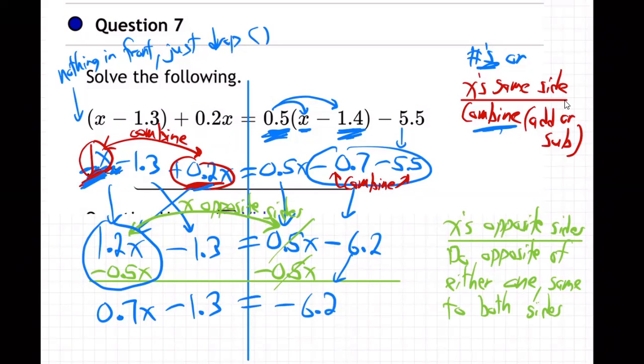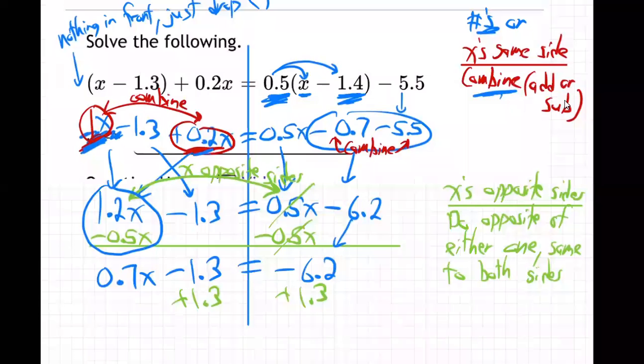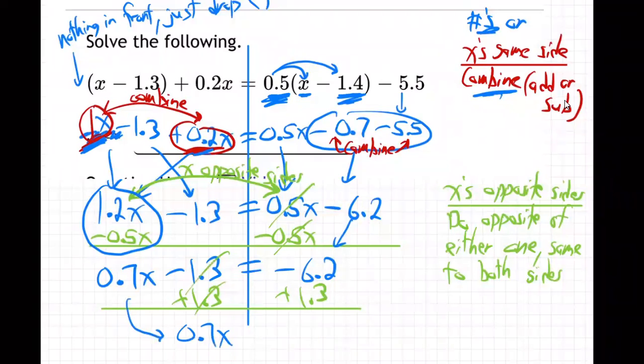We just do the steps to get x alone. So I'm going to add 1.3 to both sides. Boom, boom. Bring down the 0.7x equals, just use your calculator there.